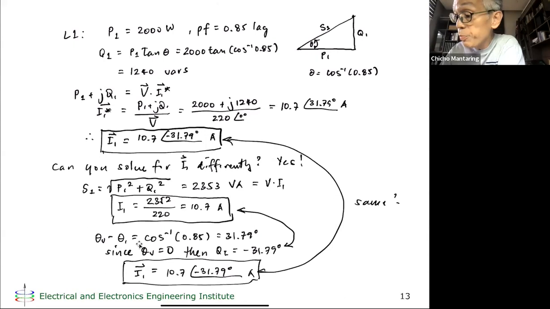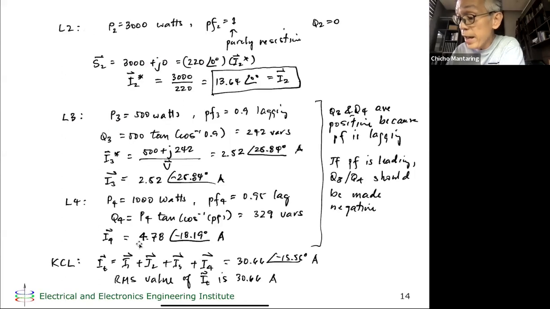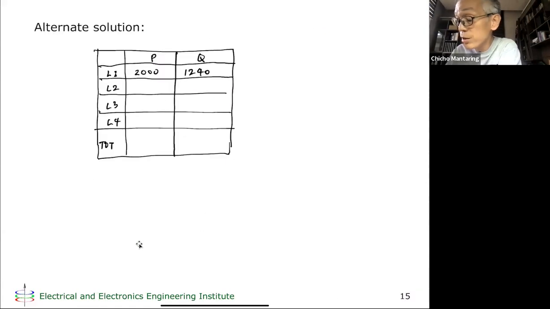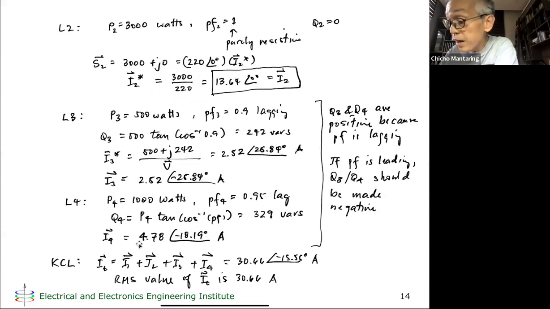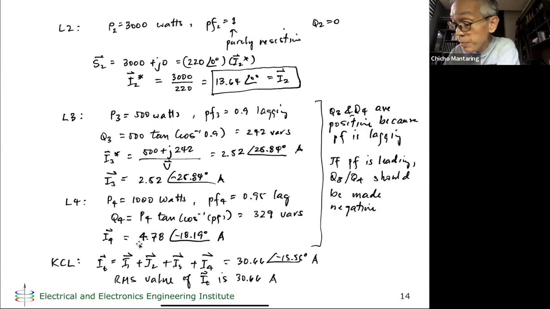So for L1, P is 2000, Q is 1240. For L2, P is 3,000 and Q is 0. For L3, P is 500 and Q is 242. And for L4, P is 1,000 and Q is 329.